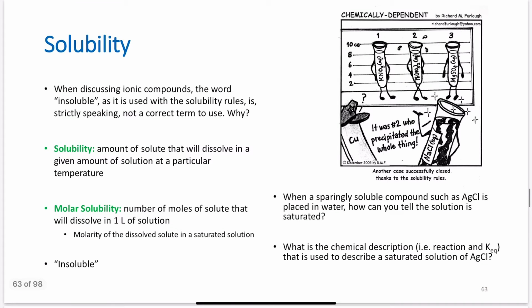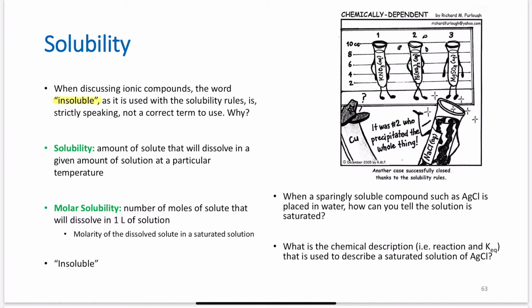So solubility itself. When discussing ionic compounds, the word insoluble, as it is used with the solubility rules, is, strictly speaking, not a correct term. Why? Because a small amount actually does dissolve. How much?